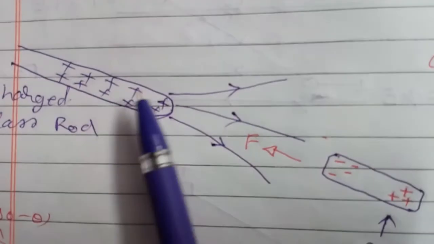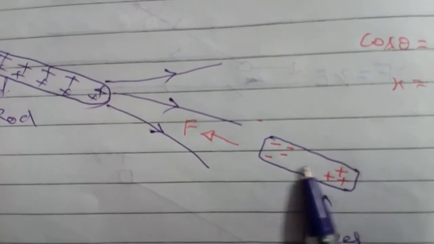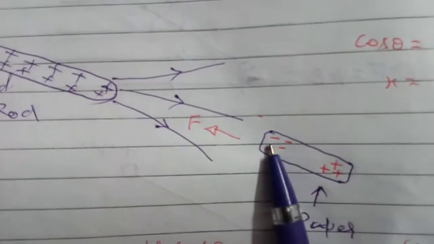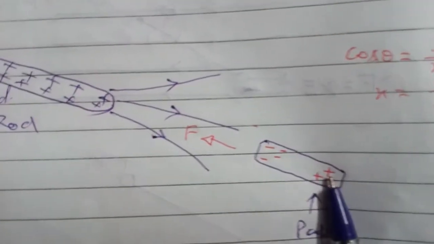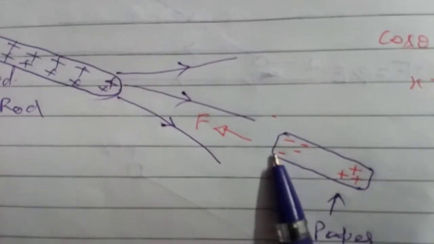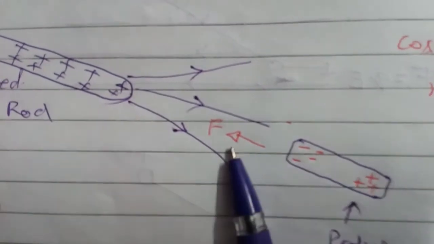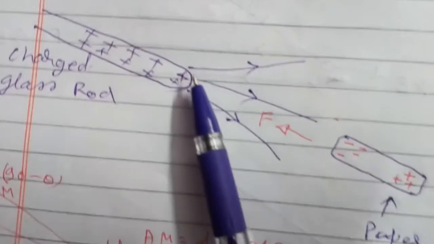So when this glass rod is kept near the bits of paper, minus charge is induced at this end of the paper and plus charge at this end. So what will happen? This paper will experience a force in this direction, and this is the reason why bits of paper are attracted towards the glass rod.